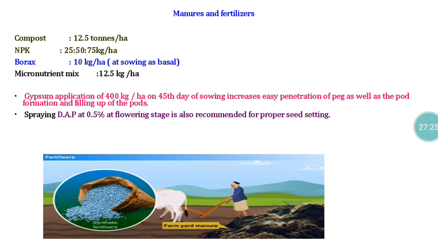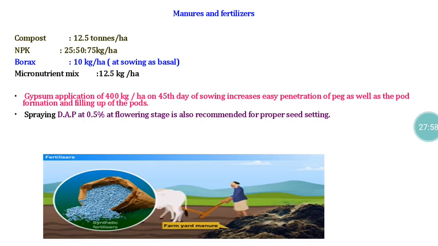Before the earthing up operation, we have to apply the gypsum. After application of the gypsum, you can go for earthing up. During the earthing up operation, we will stick the soil, so through that operation the gypsum gets mixed with the soil and incorporated. So before earthing up, we apply gypsum 400 kg per hectare, then go for earthing up, and the gypsum applied will give calcium as well as sulfur to the groundnut crop.